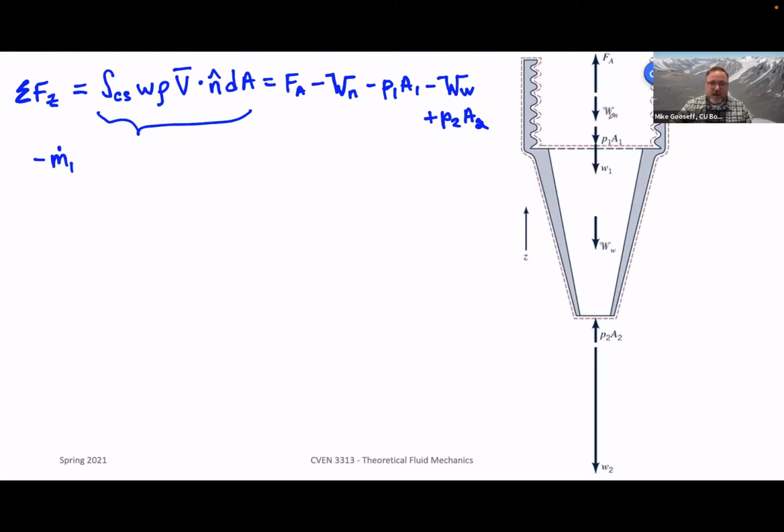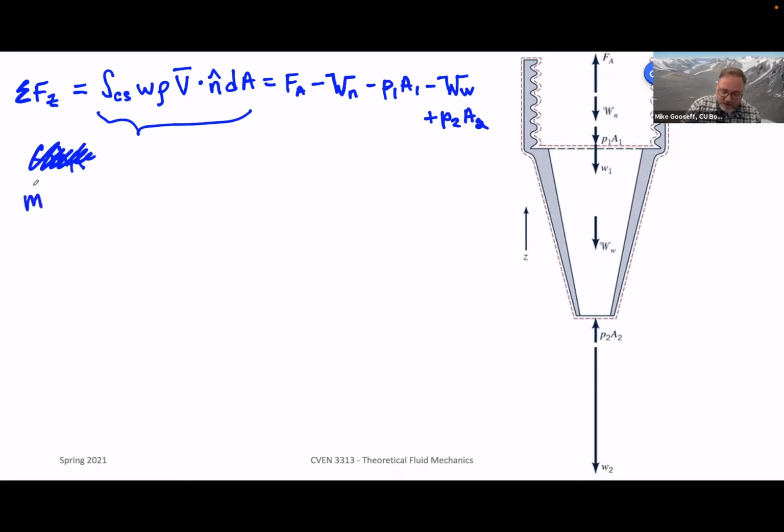It's got a direction that's going downward, so it is negative, times, oh, I'm sorry, I take that back. Let me think of the right way to do this. Sorry. Remember that the outs are positive and the ins are negative. So let's write this in that sequence.